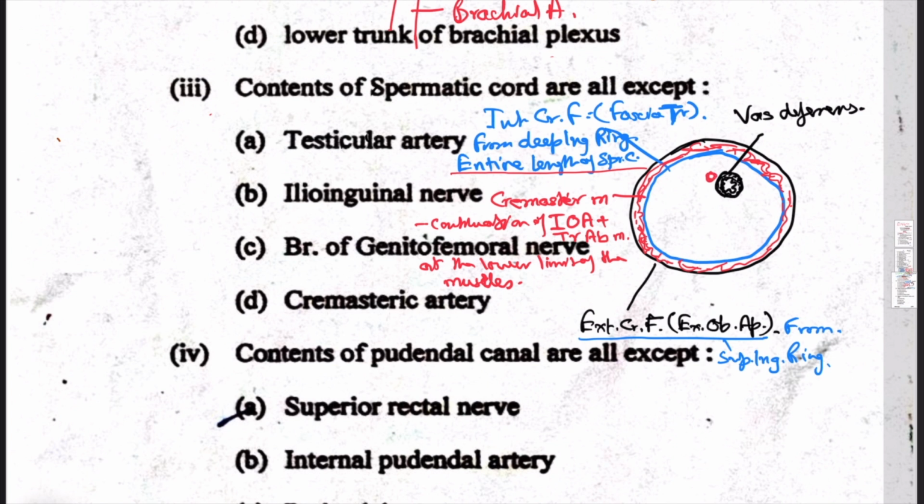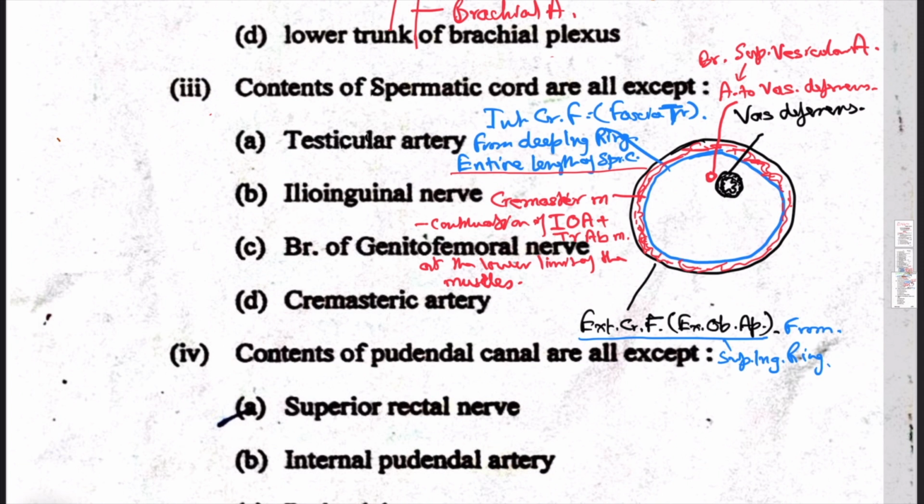This will be the artery to vas deferens. By the way, it's a branch of, who will tell? The artery to vas deferens is a branch of the superior vesicular artery, and the superior vesicular artery is a branch of the anterior division of internal iliac.